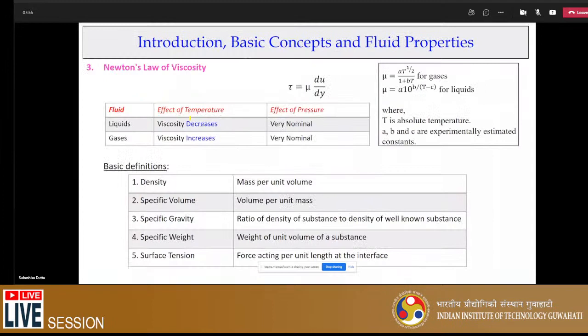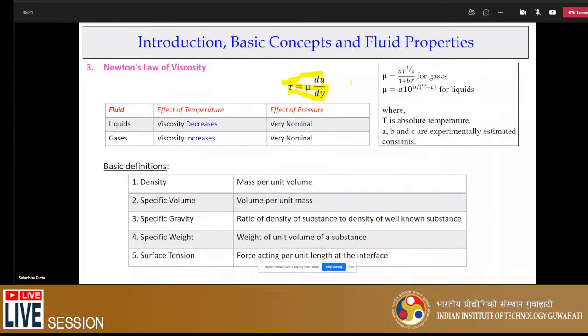In a very detailed way we discussed the basic equation, Newton's law of viscosity, in a very simple form with experiments, and the relationship between shear stress and strain rate, and a few of the questions you had on how that relationship comes about.